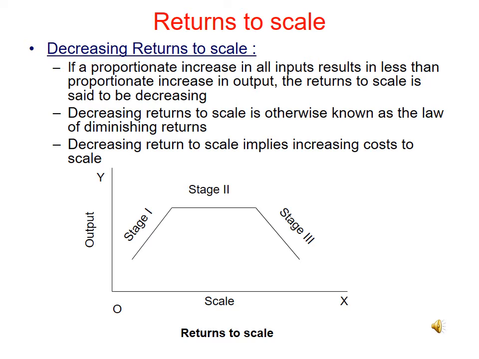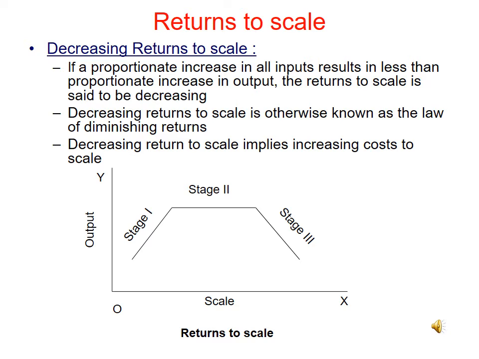Rather, we would have an increase in cost because of the increase in the level of input. So again, this can be called a double loss. Cost is also increasing and we are also not getting increasing output due to the increase in the level of input.